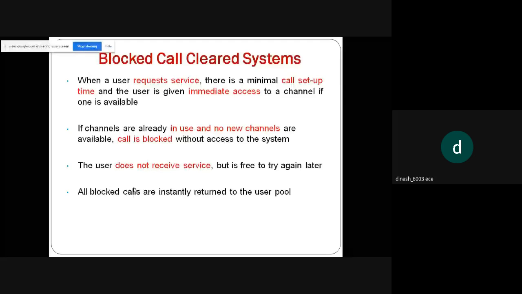If all channels are already occupied and no new channels are available, the call is blocked without access to the system. So the user does not receive service, but is told to try again later. That's what you get when you make calls: try again later, network is busy, or user is busy. So all blocked calls are instantaneously returned to the user pool. These are blocked call clear systems, or Erlang B systems.